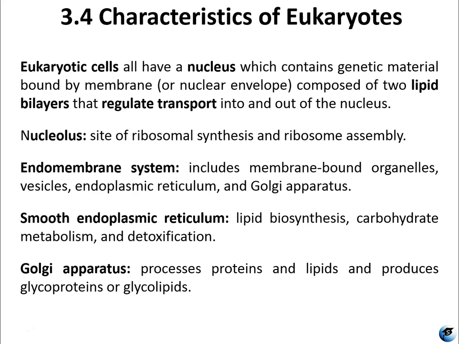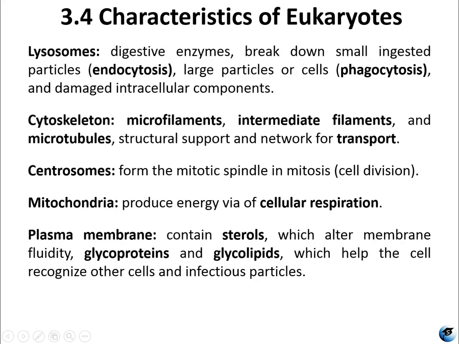The Golgi apparatus, those are the ones that process proteins and lipids. They produce glycoproteins, glycolipids, and those are important because remember, glycoproteins and glycolipids are components of plasma membranes. So if you're going to make new cells, you need to make new membranes. Golgi apparatus play a big role in that process.